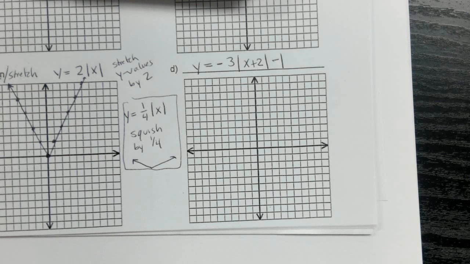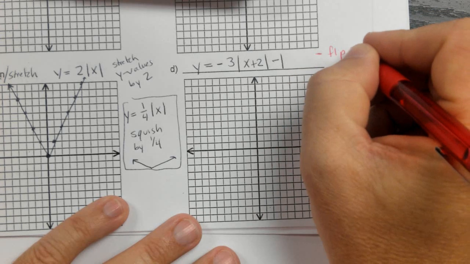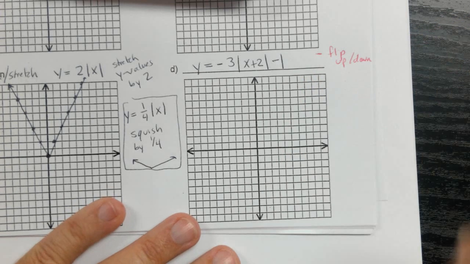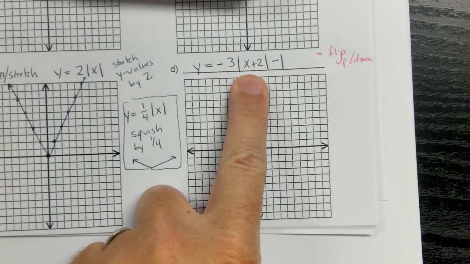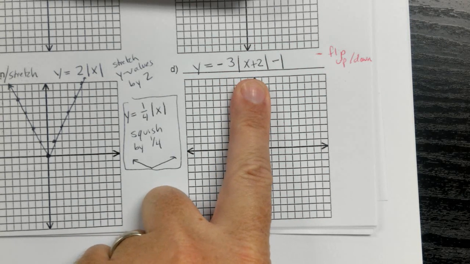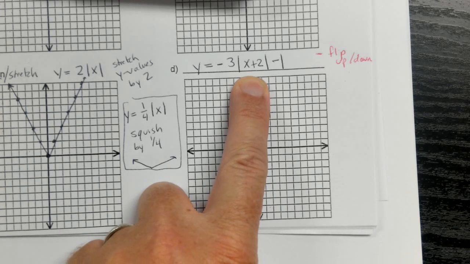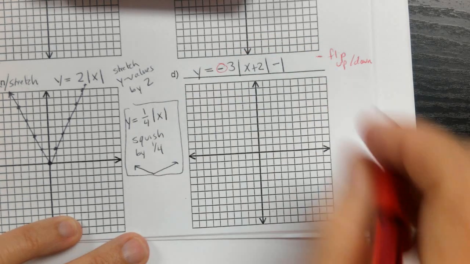What does the minus sign do? Good. It flips it, and it flips it up and down. Because it's out front, it's a y thing, so it flips it up and down. If the negative was on the x, it would flip it in the x direction. We don't do very many of those because those get complicated. But a negative out front is easy to handle. We'll flip it over. Okay, so there's what the negative does.